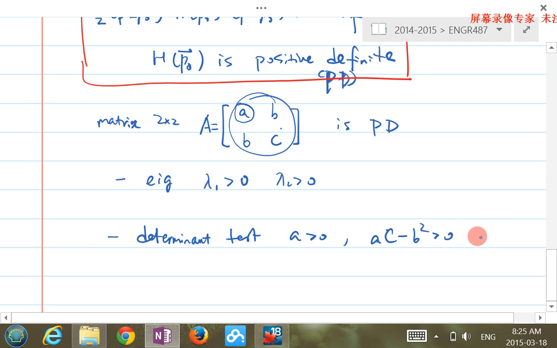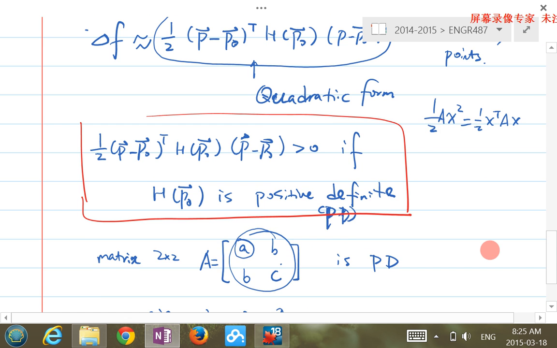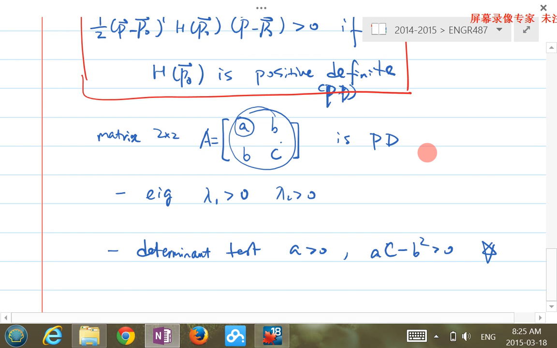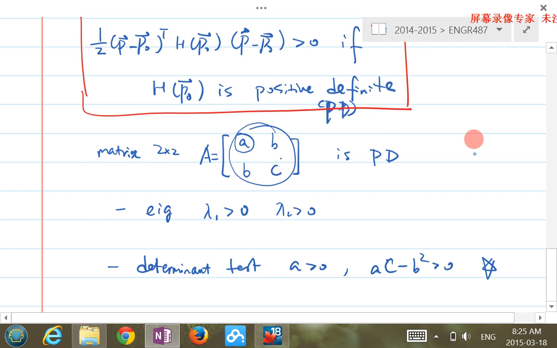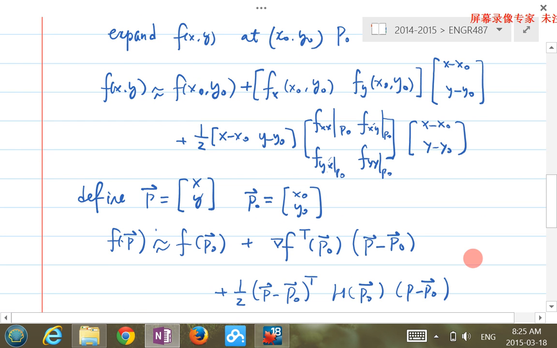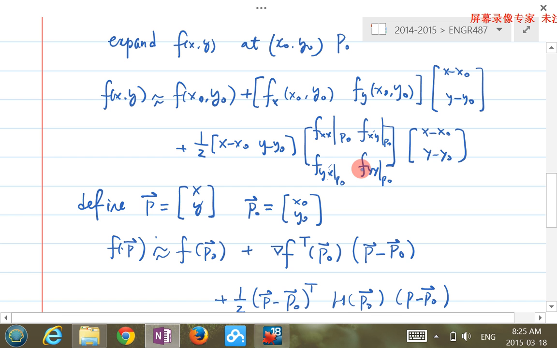I'm going to make use of this here: AC minus B squared greater than 0, and also A has to be greater than 0, gives us a positive definite. So then, what's H? This is H here. The condition that makes it PD is fxx greater than 0 and the determinant greater than 0.